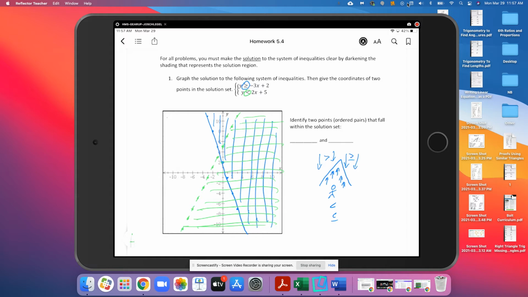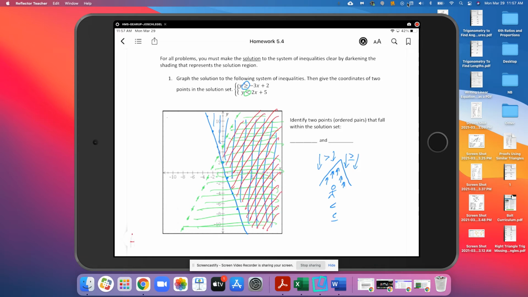Now there are some regions that are only shaded with blue, and there are some regions that are only shaded with green. But there is a region that is shaded with both blue and green, and so it's going to be this section right over here. So that is what we are going to consider to be the solution to this system of linear inequalities, all this stuff over here that is shaded with both blue and green.